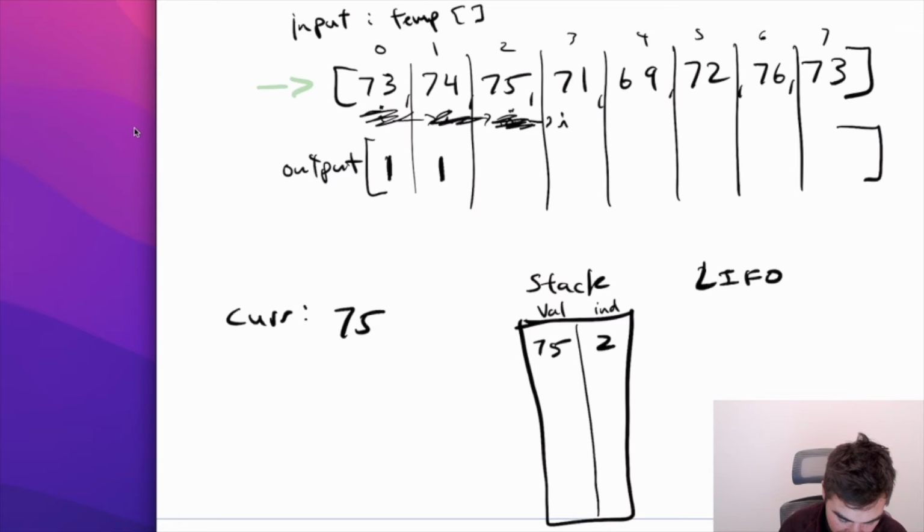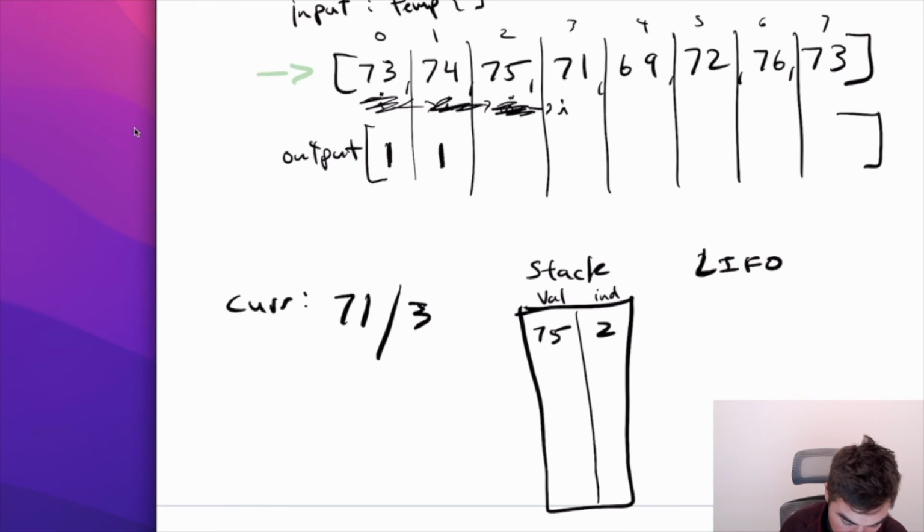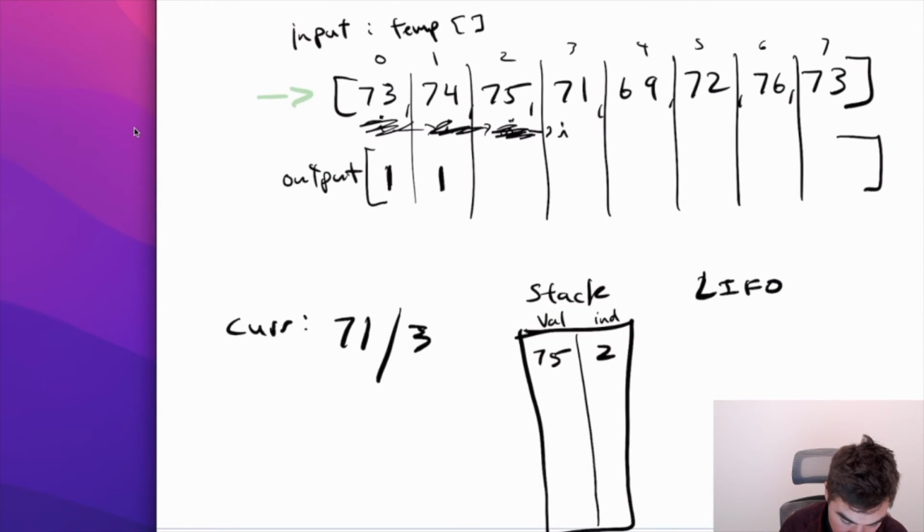Let's see, we got 75 and, sorry, not 75. We have 71 and 3. So that's now our cur. The issue here is that 71 is cooler than 75. What does that mean?